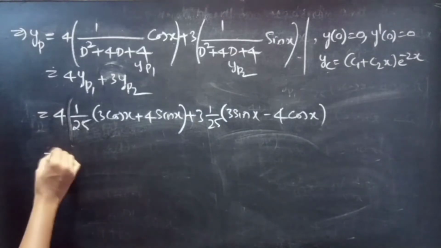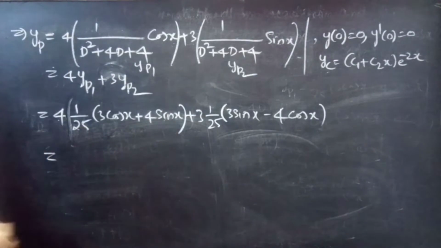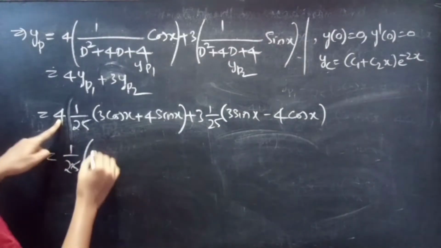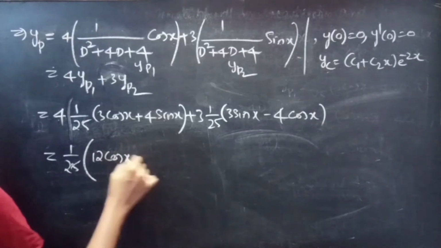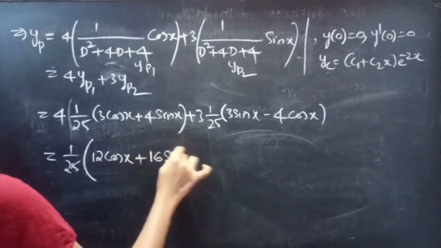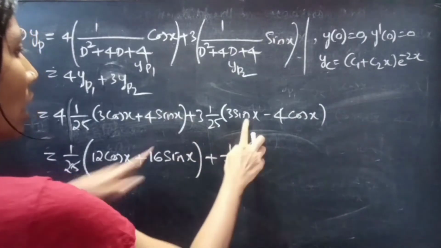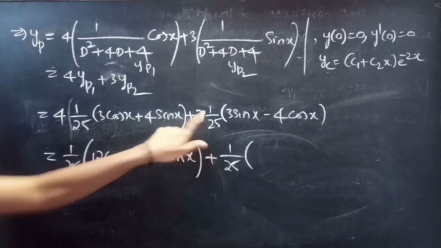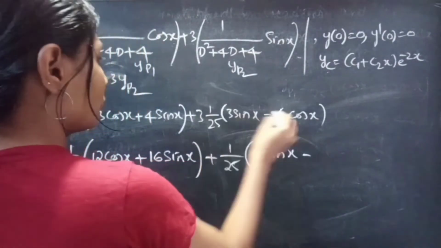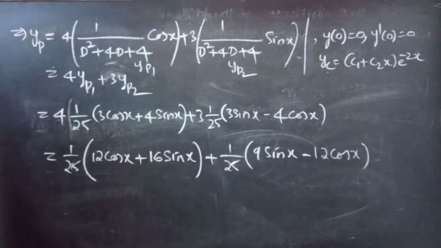This becomes, just multiply these two terms with 4, then you'll get 1 by 25 into 3 4s are 12 cos x plus 4 4s are 16 sin x, plus 1 by 25 into, multiply these two terms with 3, you'll get 9 sin x minus 3 4s are 12 cos x, right?